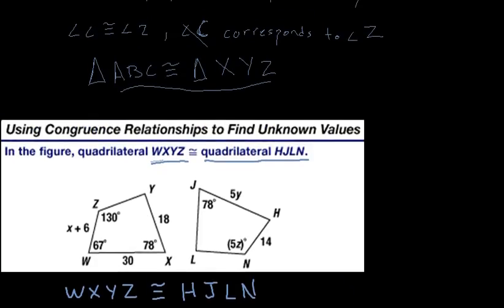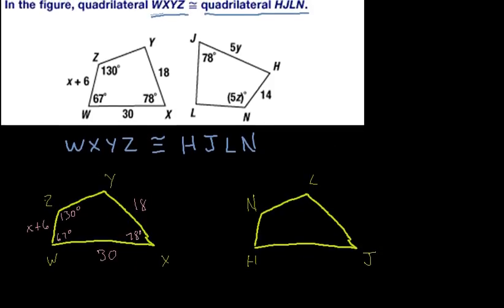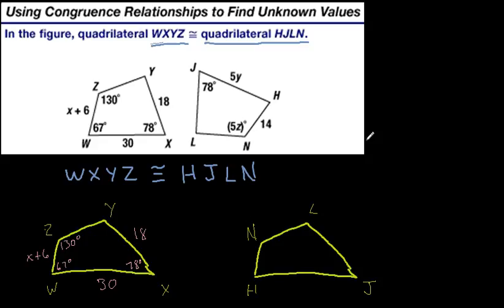Again, I could cover this all up and visualize that angle W corresponds to angle H, angle X corresponds to angle J, angle Y corresponds to angle L, and angle Z corresponds to angle N. I could also talk about the line segments, and I really like that this is already written out for us.